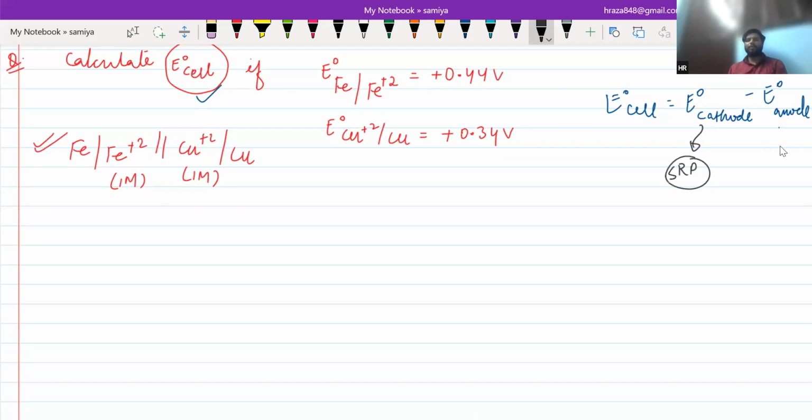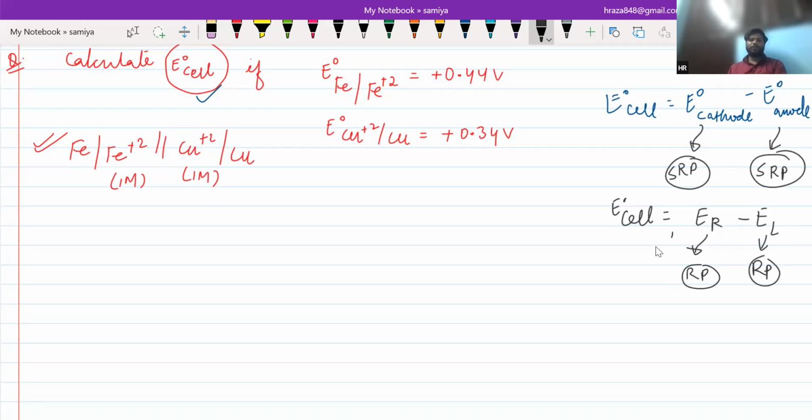At the anode there will be oxidation, and so an oxidation potential, but we have to take the reduction potential. Also, we can write E naught cell equals E right minus E left, but keep in mind that we need to take the reduction potential.